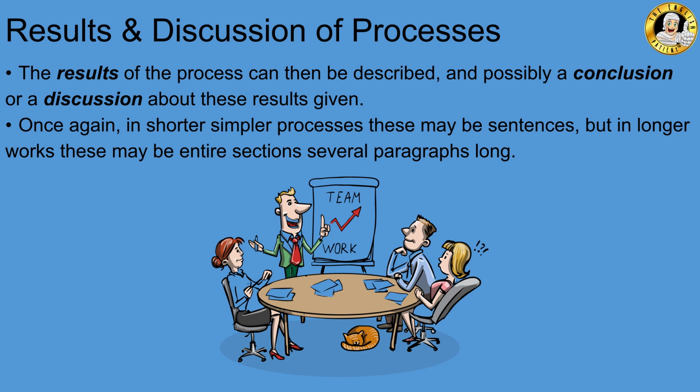In an essay, it would likely be several sentences, a paragraph of conclusion. If it is an assignment or a journal article, then your results section might be separated from your discussion section, actually, and both of those might have several paragraphs of results and discussions in them.